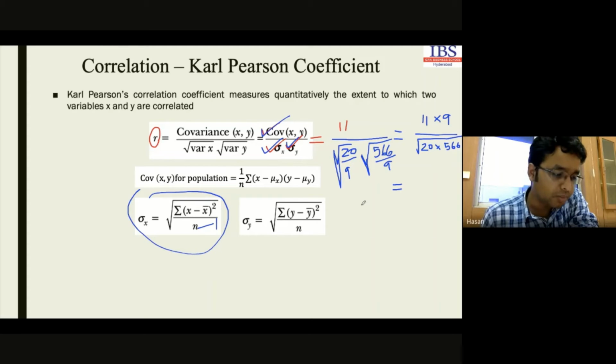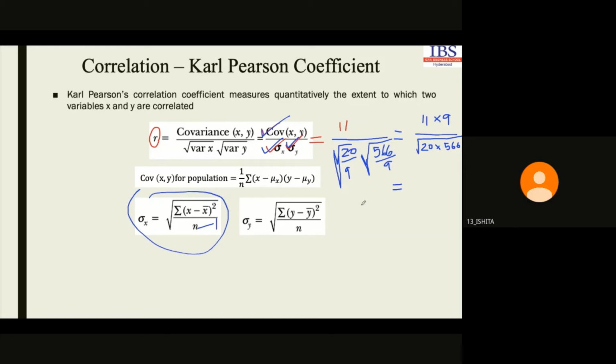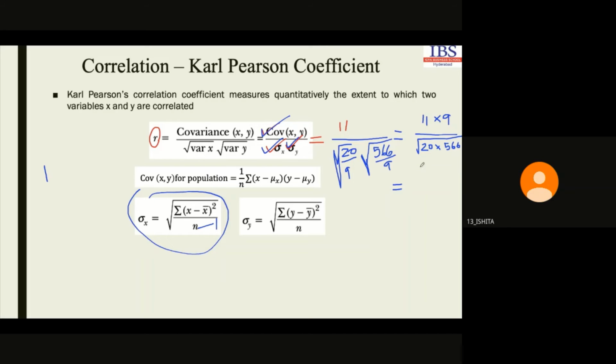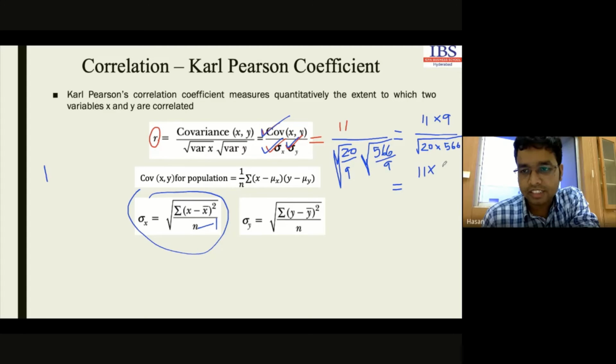Yes, tell me, what is your answer? 106.4. Not this one. Yes, sir. Okay. 11,000, 9, then 106.4. Yes. Okay. Then what will be the final value?